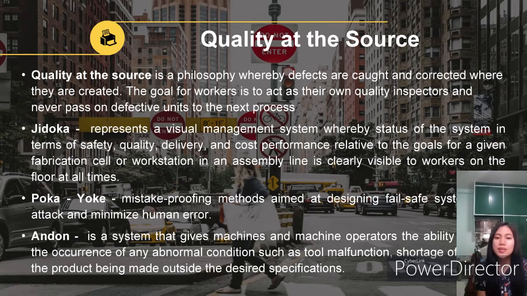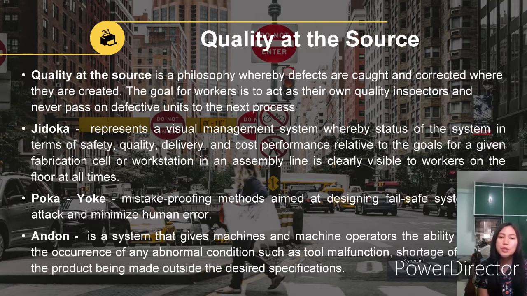Andon is a system that gives machines and machine operators the ability to signal the occurrence of any abnormal conditions, such as tool malfunction, shortage of parts, or the product being made outside the desired specifications.